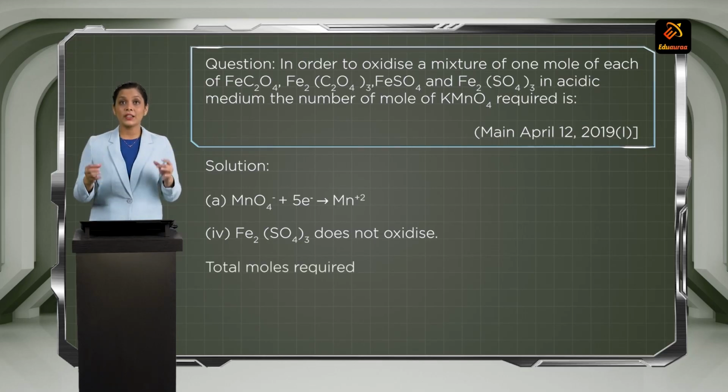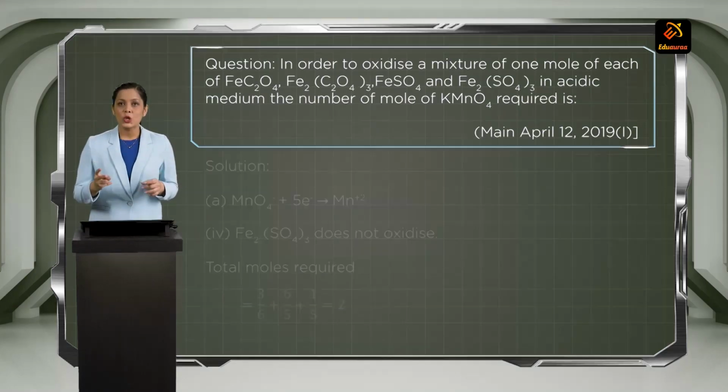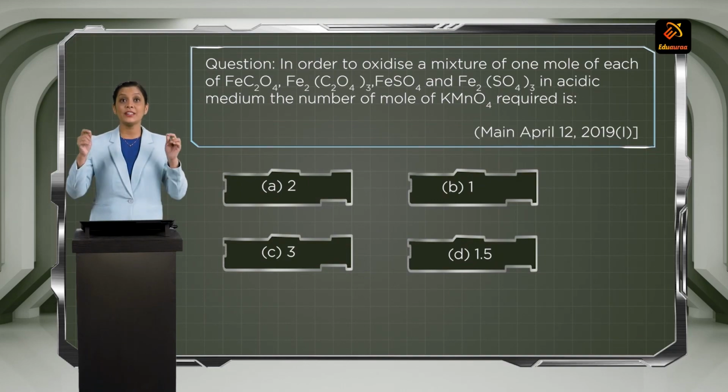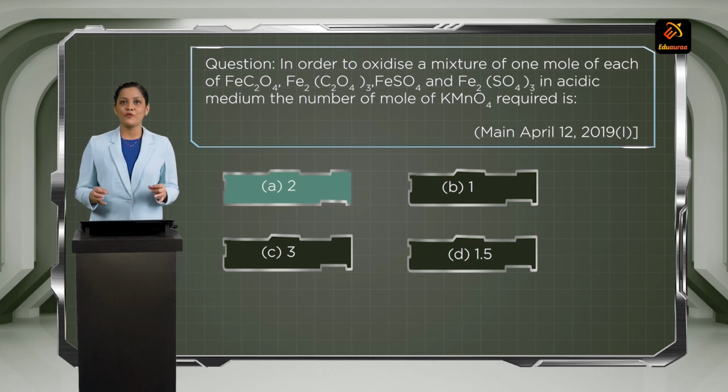Now calculating the total moles, that is 3 by 5 plus 6 by 5 plus 1 by 5, we get an answer of 2. So students, here the correct option is option A, that is 2 moles of KMnO4 is required to oxidize all of these compounds.